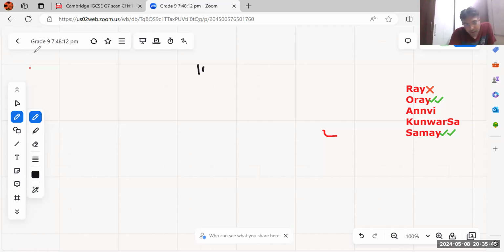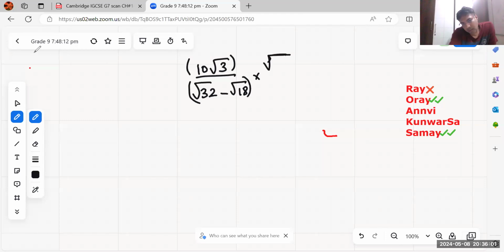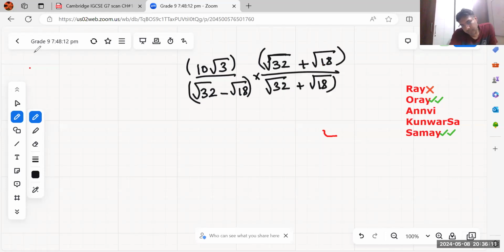So the question is 10 root 3 upon root 32 minus root 80. So of course we'll multiply with root 32 plus root 18, right? So what will I get?